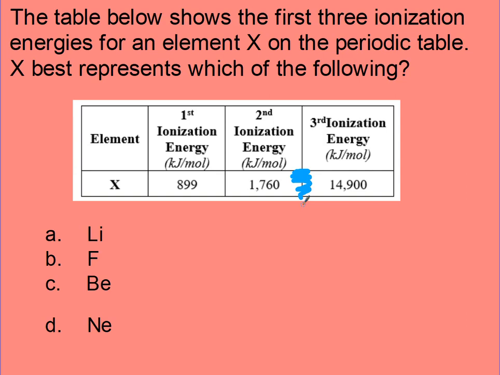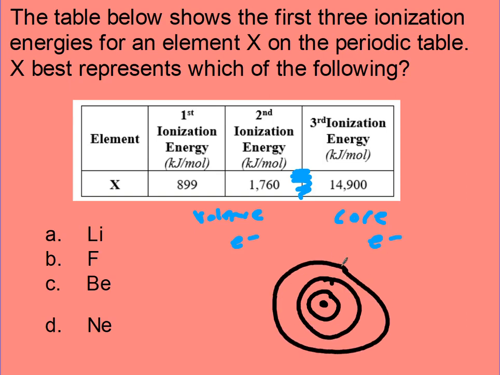So that would be my biggest jump, which means these must be valence electrons, and this must be a core electron. Core electrons are closer to the nucleus, therefore they require more energy to remove. So for instance, in this case, I've removed one electron.